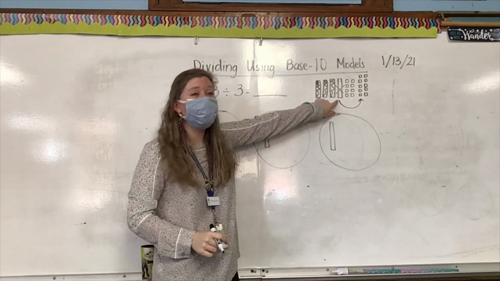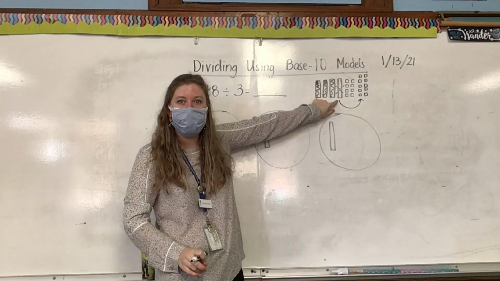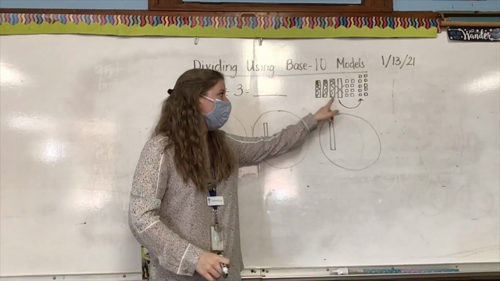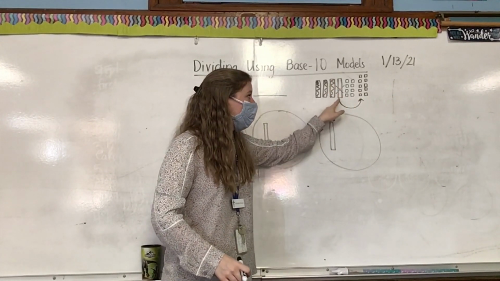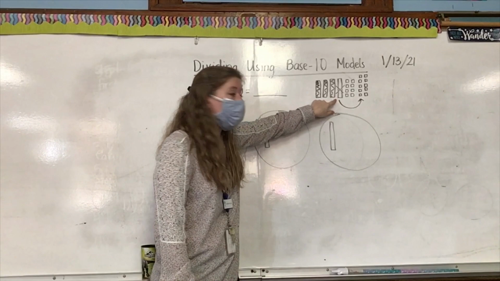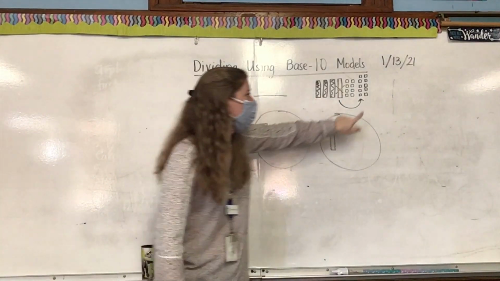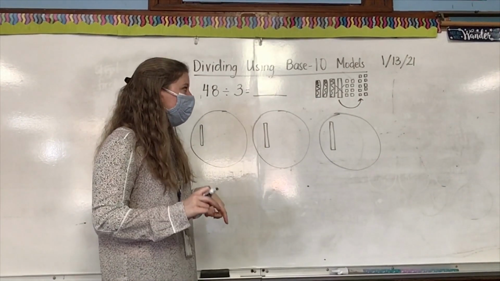Notice how I crossed this one out instead of shading it to tell me I didn't use it. I changed it. I crossed it out, and then I have an arrow that points from my ten that I regrouped to the ones that I regrouped them into.